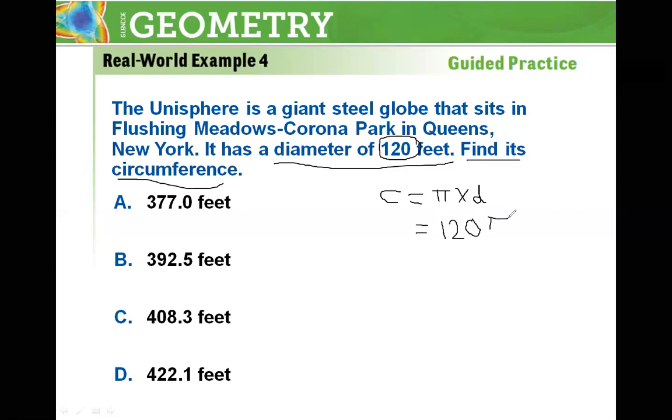It means 120 pi. After pi, calculation, we can get the result and we know the answer. So it's letter A. Excellent, Tamim. If you calculate 120 times 3.14, it equals approximately 377. Yes. Excellent, Tamim. Excellent.